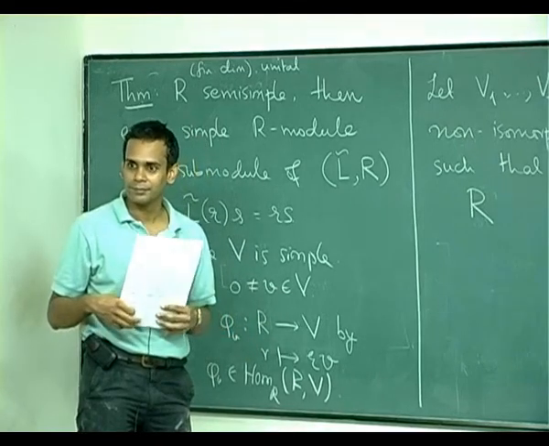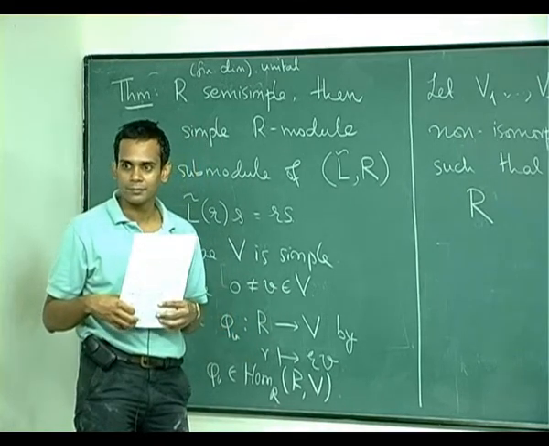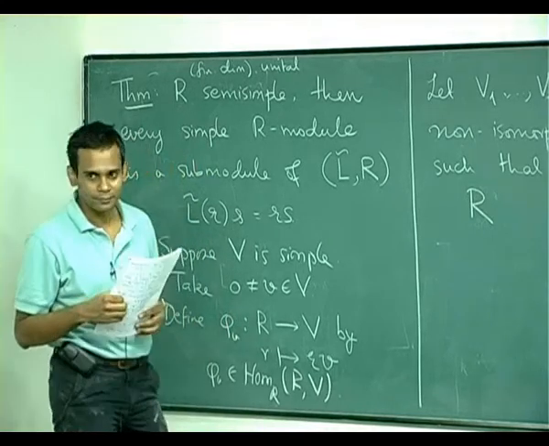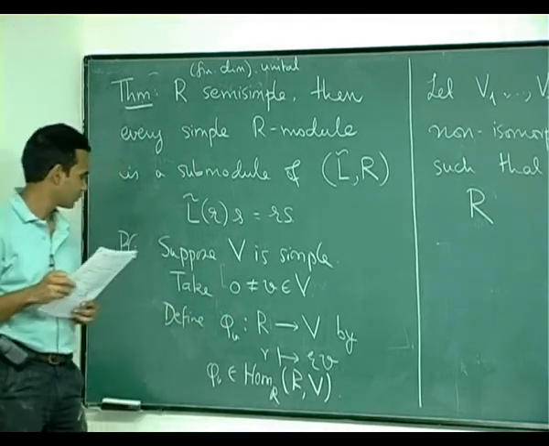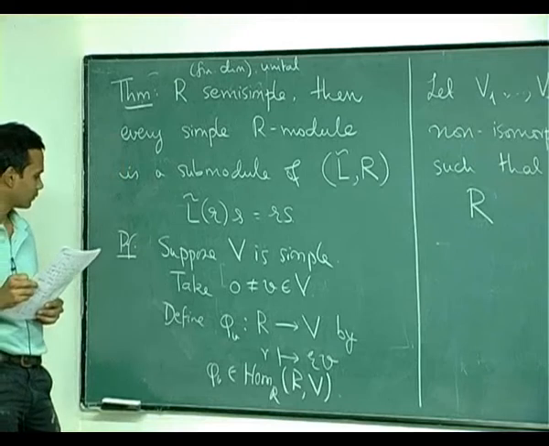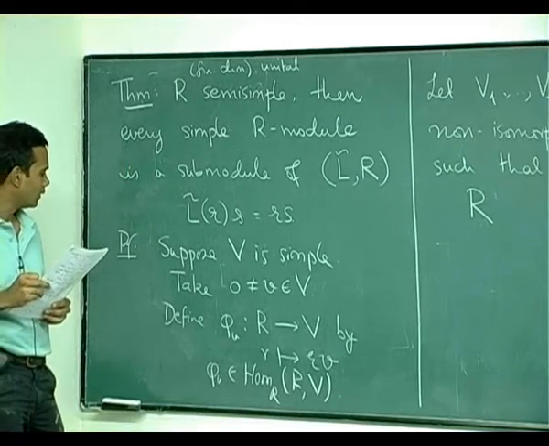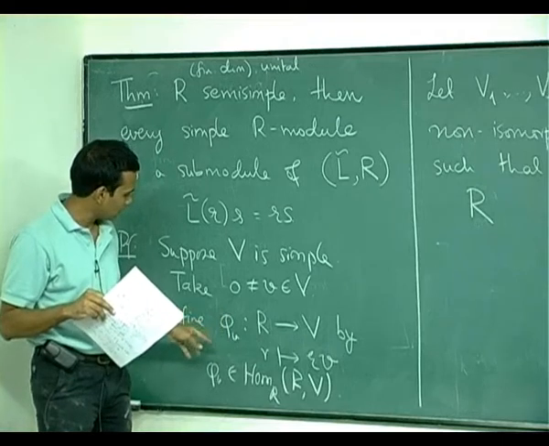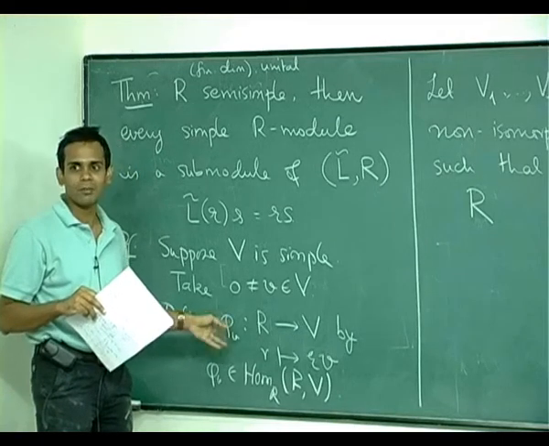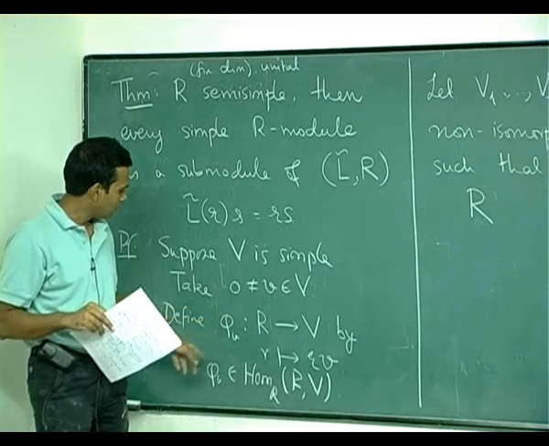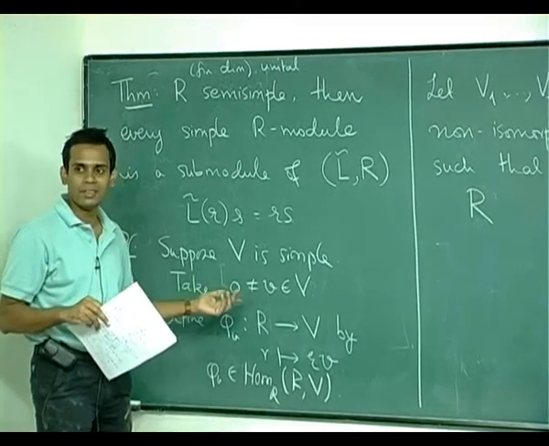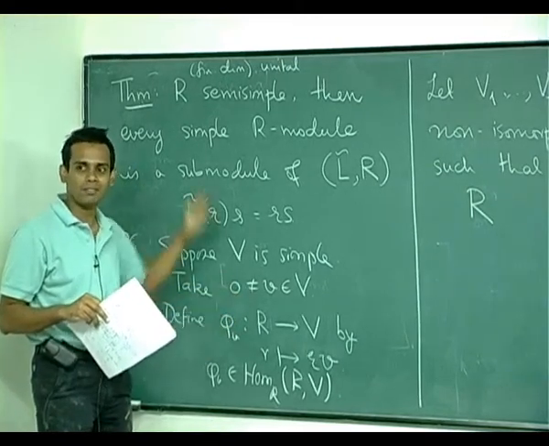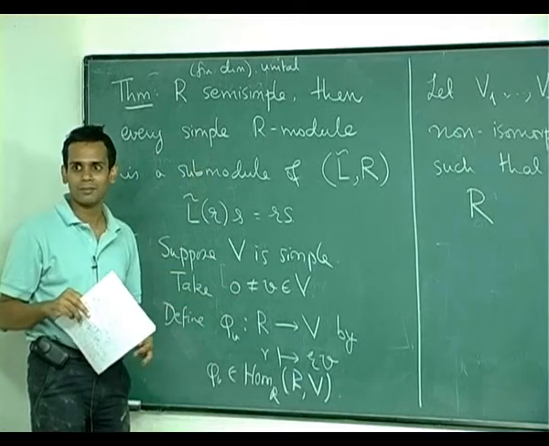And also we can drop the unital condition, if the R action on V is not 0. Basically what he's saying is that if you can find a vector v such that phi_v is non-zero, then V occurs in the regular R module.